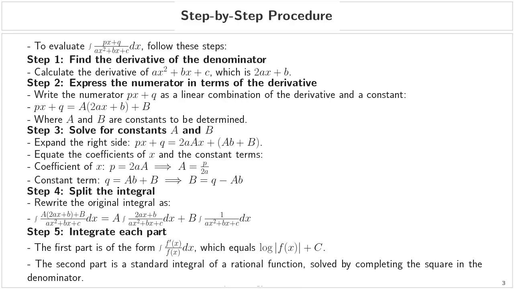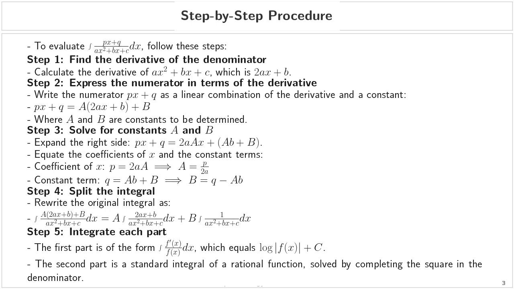Finally, we integrate each of these simpler integrals. The first integral, A times the integral of (2ax plus b) divided by (ax squared plus bx plus c) dx, is a classic case of integrating the derivative of the denominator. Remember that if you have the integral of f prime of x divided by f of x dx, the answer is the natural logarithm of the absolute value of f of x, plus the constant of integration.